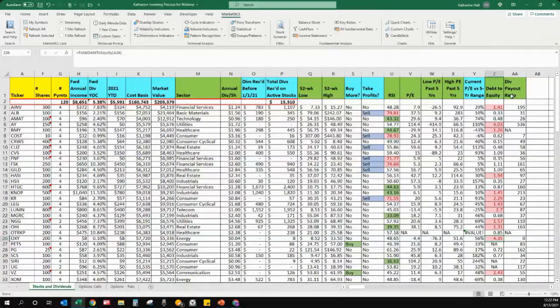And then another quality criteria, which is really related to dividend safety, is the dividend payout ratio. This is the annual dividend per share divided by the earnings per share. So if somebody is paying out 195% of their earnings in the form of dividends, well, you have to at least ask yourself, is that a sustainable situation?